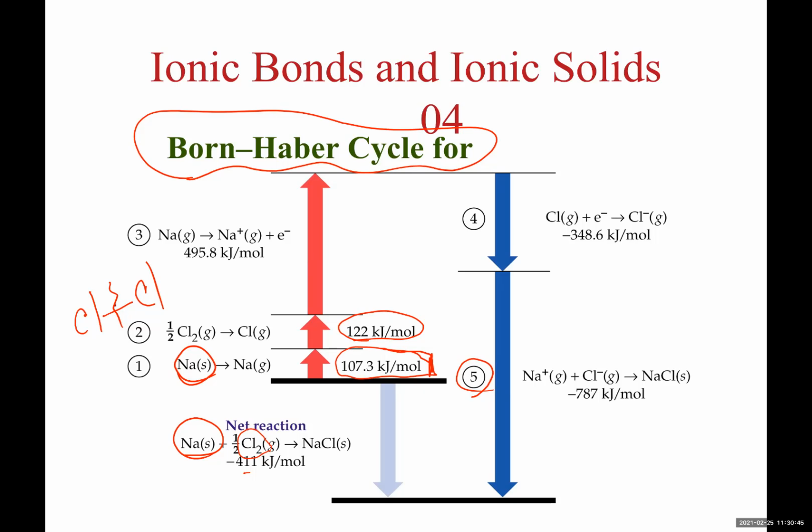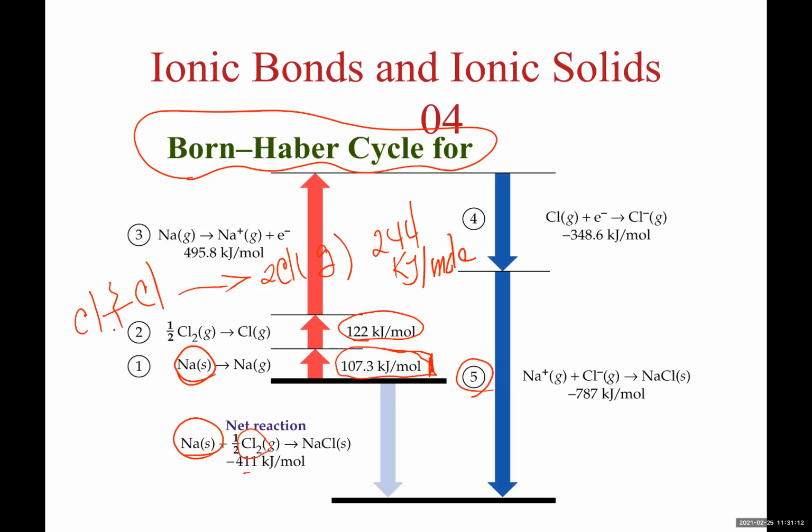The total amount of energy that I need for this process, the dissociation energy of chlorine, is 244 kilojoules per mole. In other words, it takes 244 kilojoules per mole for this reaction.